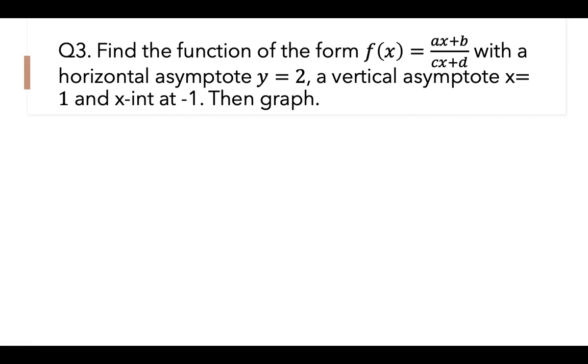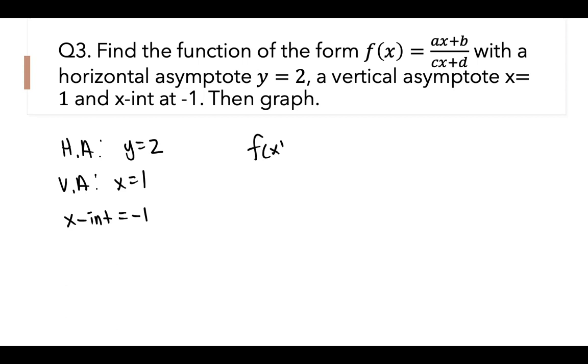Now next, find the function in this form. Okay, so this is the opposite. We're given different characteristics: horizontal asymptote at y equals 2, a vertical asymptote at x equals 1, and an x-intercept at -1. We know if it has a horizontal asymptote, that means the degree must be the same.